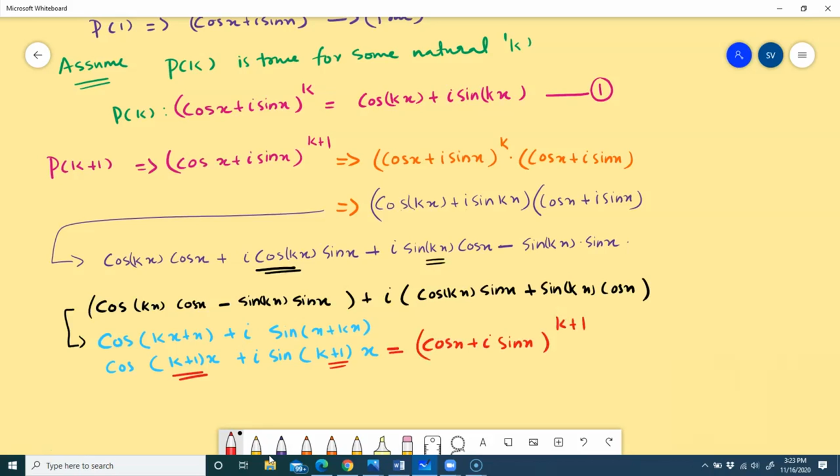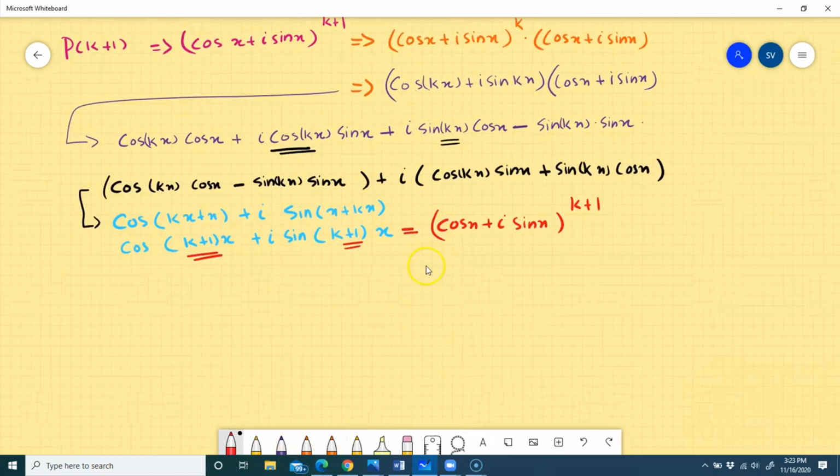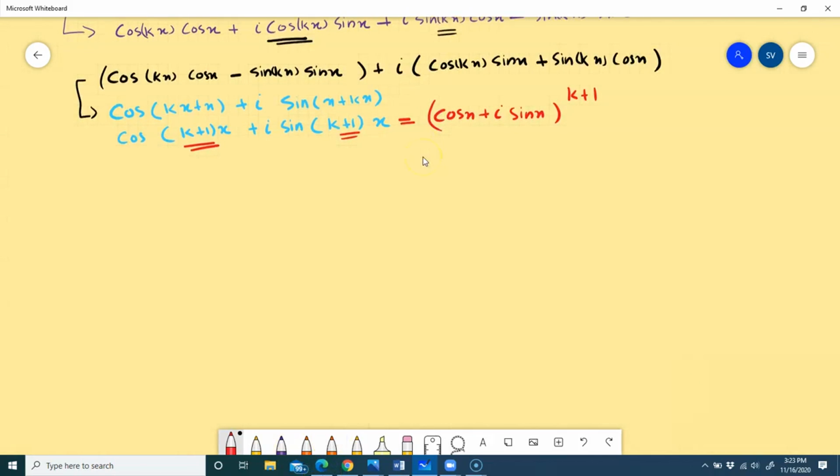So cos x plus i sin x to the power k plus 1 is cos (k plus 1) x plus i sin (k plus 1) x, and this is actually the end of the proof. But before I conclude, I just want to give a kind of corollary. So this is the proof. Hence the proof.